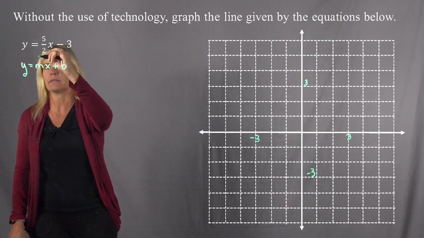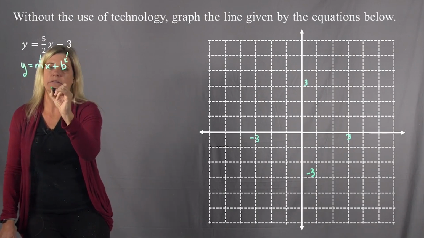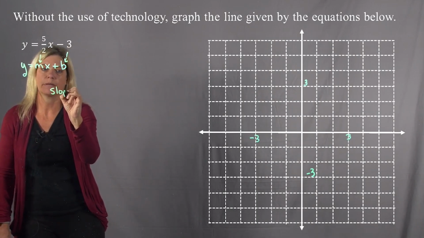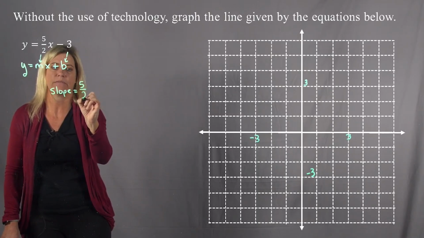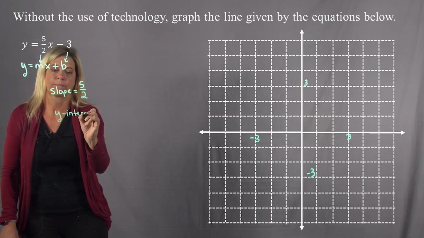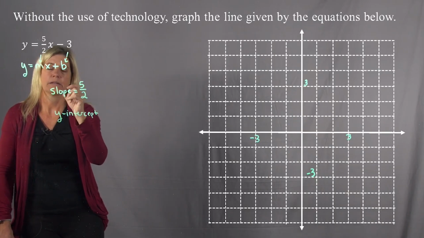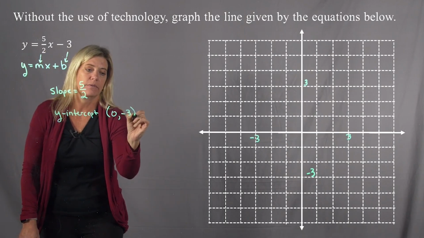So that tells me right here that 5/2 is my slope, and this negative 3 here is the y-intercept. So we know that the slope of this line, just from looking at the equation, is 5/2, and then we know that the y-intercept is negative 3, so I'm going to write that 0, negative 3.